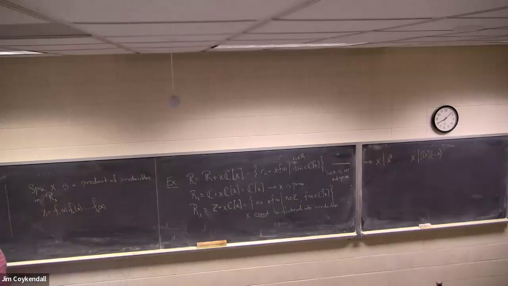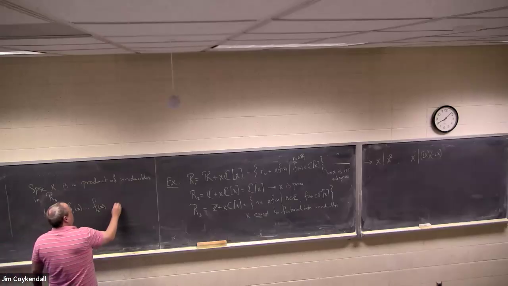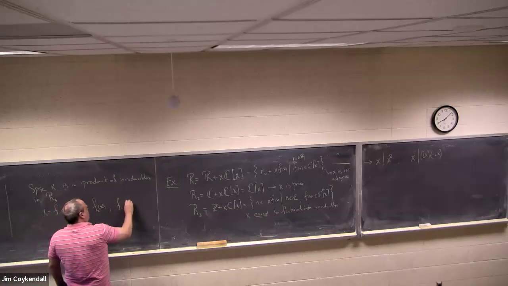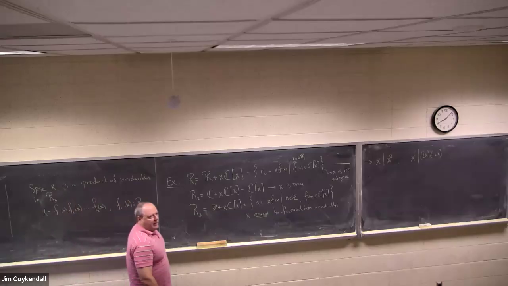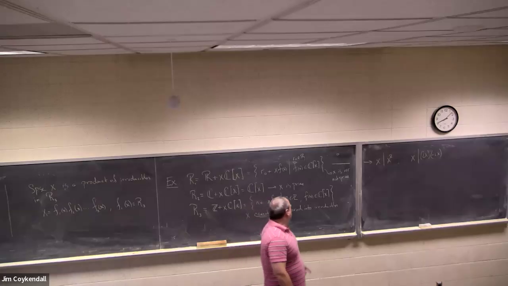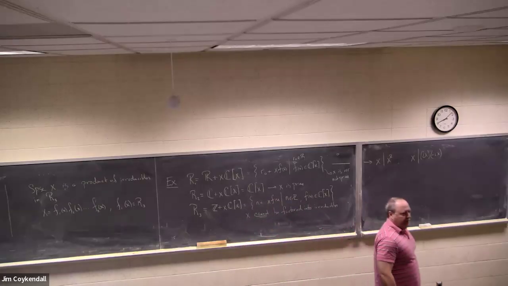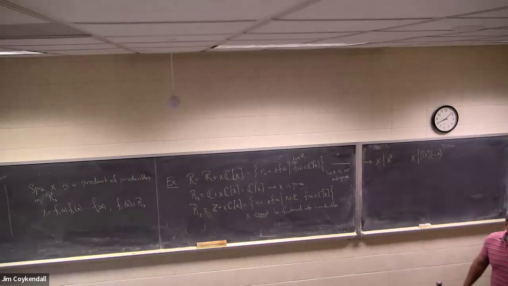Suppose x is a product of these, where each of these f_i are polynomials with complex coefficients with a constant term in the integers, right?